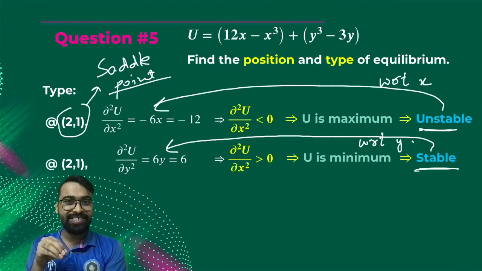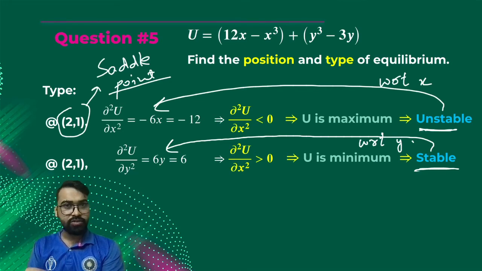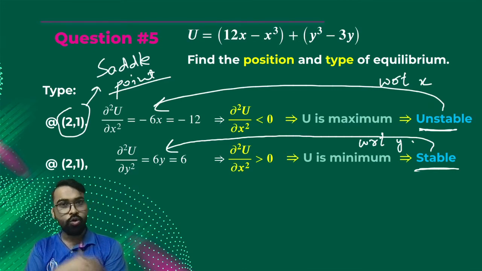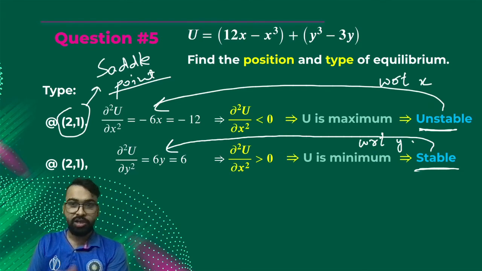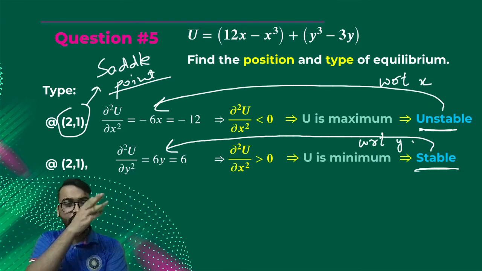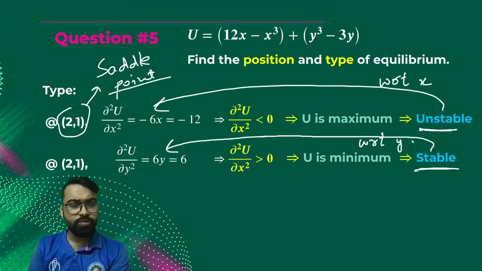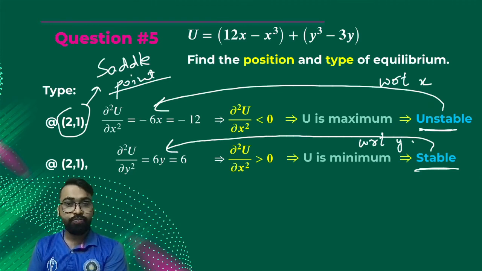The position remains the same, but the type differs with respect to x and y. If you have ever gone horse riding, you would see the saddle is the place where somebody sits. On a saddle you have one equilibrium which is stable, while the other type of equilibrium is not stable. You can search more about saddle points. It is a point where types of equilibrium could be different with respect to different axes.